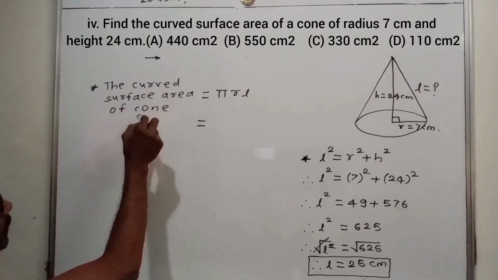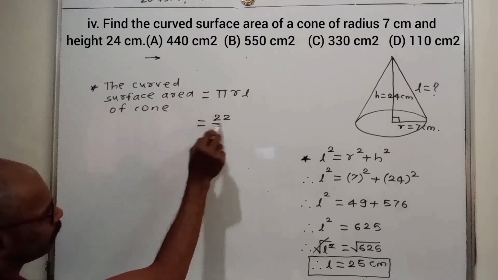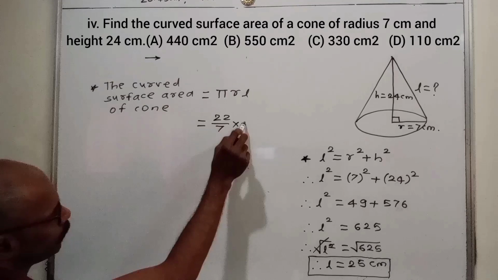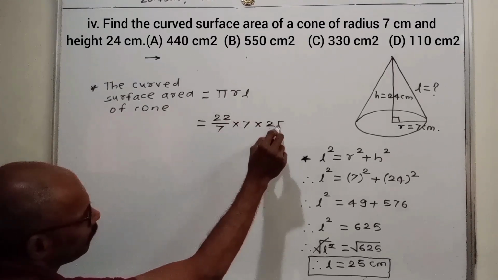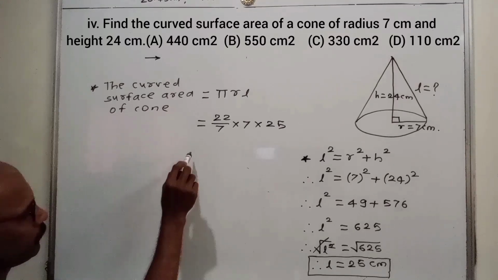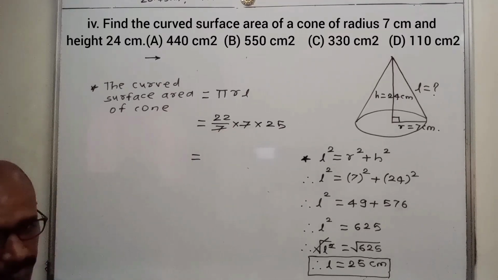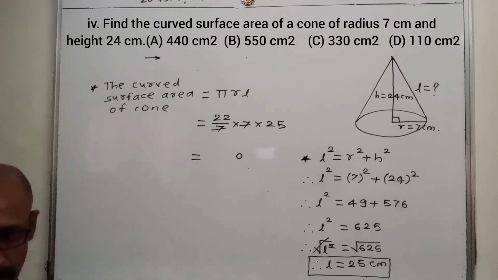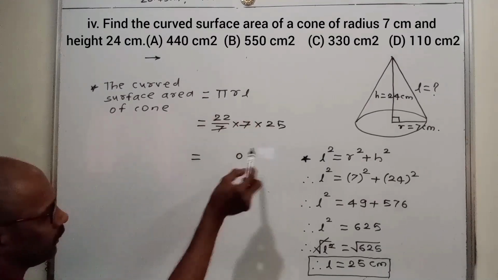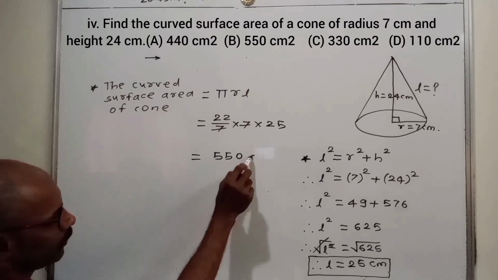The curved surface area of a cone is equal to 22 upon 7 into 25. Therefore, 7 cancelled. 25 into 2 is 50. Carry 5. Then 50 plus 5.